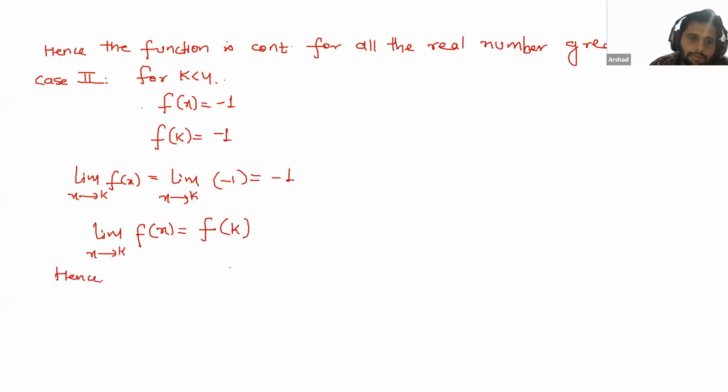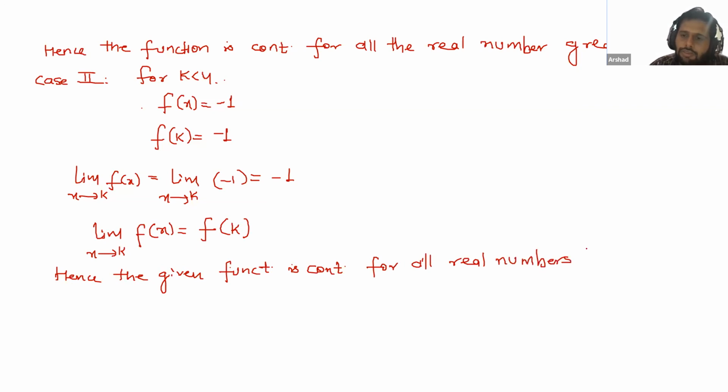Hence the given function is continuous for all real numbers less than 4. So that means this function is continuous for all real numbers less than 4.